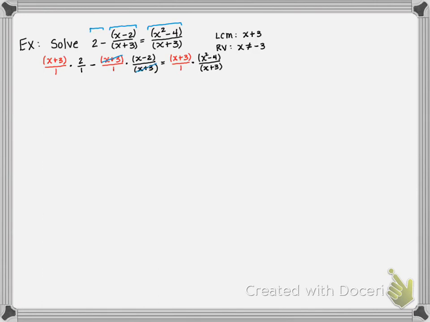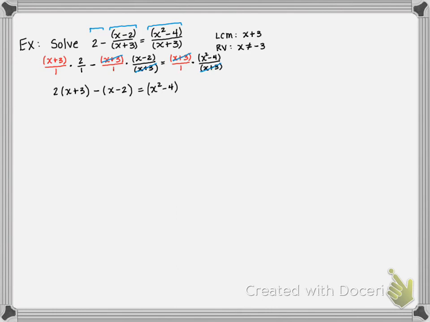This x plus 3 will cancel, and this x plus 3 will cancel. So I'm left with 2 times x plus 3 minus x minus 2 equals x squared minus 4.